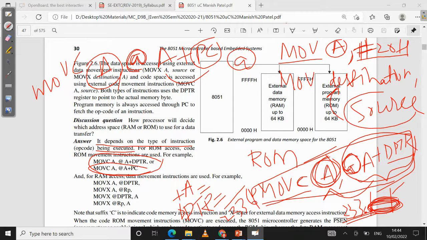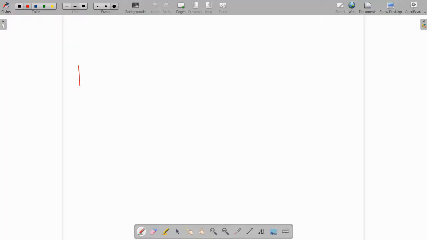Is it clear? Yes, sir. Now these are the two instructions which can be used for the data transfer for the external ROM. And the second important thing, you will not see anything like this. You will not see anything like this.